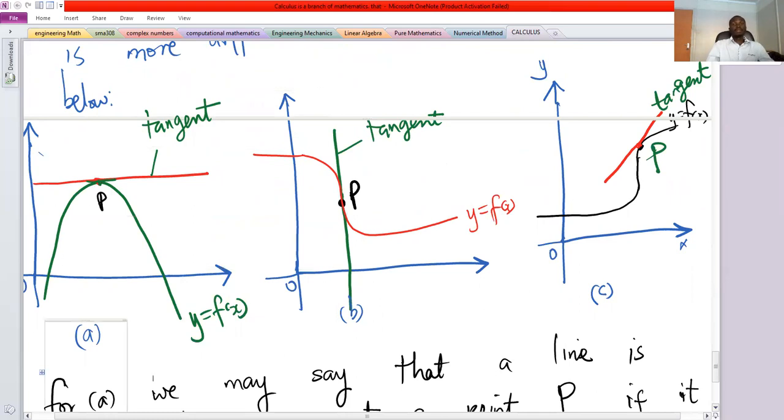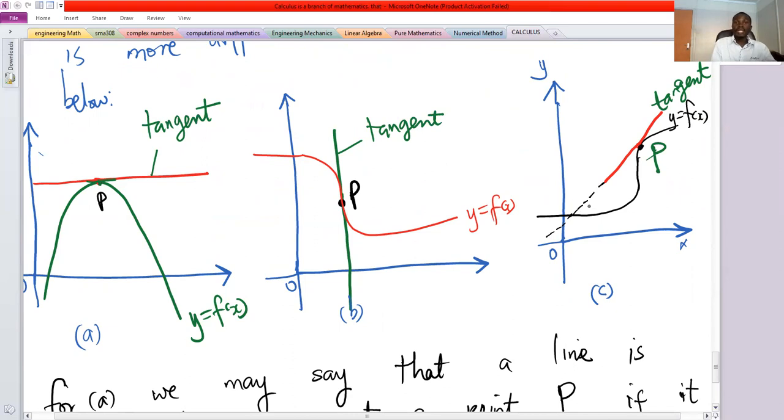That suits case A. But you see, that one doesn't work for B. And also, you see this line here, you can extend it. If you extend it, you'll see it crossing this same curve at that point.